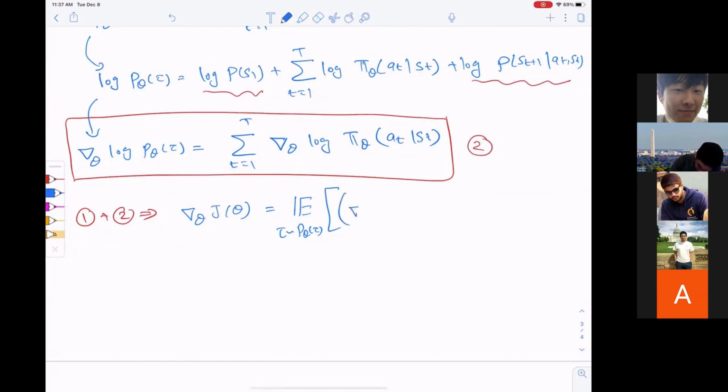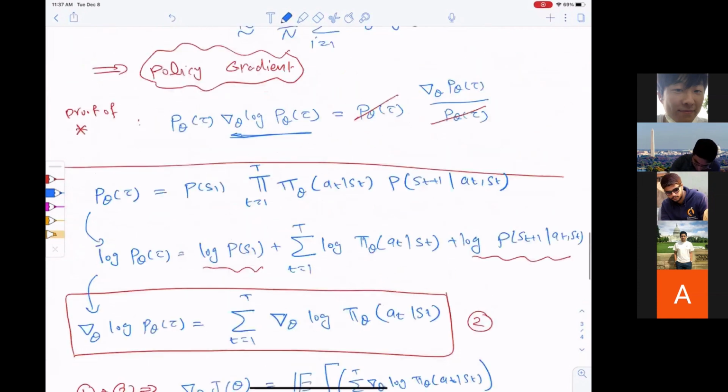So I have a sum from 1 to t, gradient of log of pi theta, a t given s t, times what?